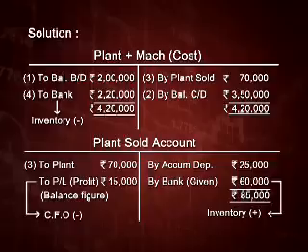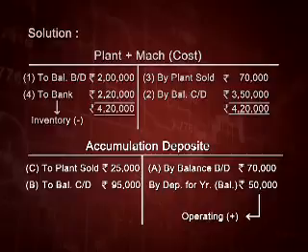Similarly, accumulated depreciation account starts with an opening balance of 70,000 on the credit side and closing balance 95,000 on the debit side. Now, 25,000 accumulated depreciation is on the sold item. So it will be transferred from accumulated depreciation debit side to the credit side of plant sold account, by the name to plant sold, and in plant sold account by accumulated depreciation.